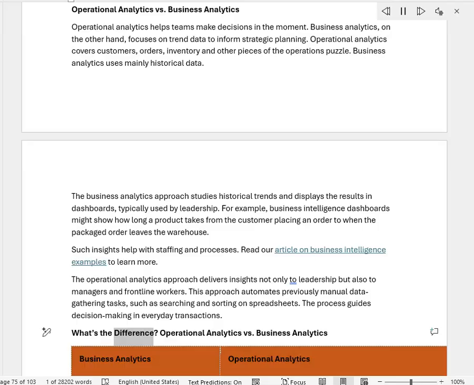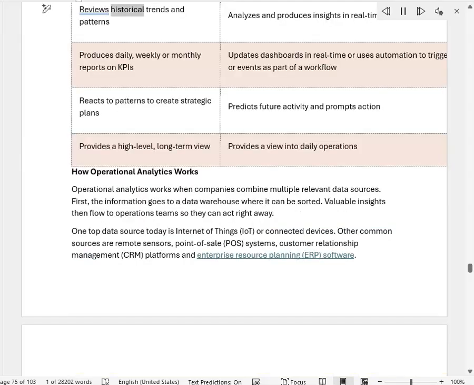What's the difference? Operational analytics versus business analytics. Business analytics reviews historical trends and patterns. Operational analytics analyzes and produces insights in real time or near real time. Business analytics produces daily, weekly, or monthly reports on KPIs.